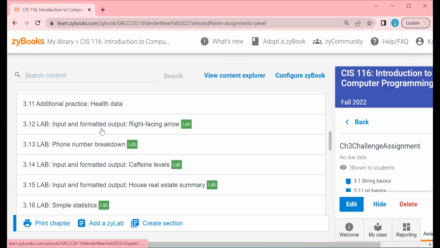Yeah, so we're gonna go through these kind of fast, but if anyone has other questions about these, just reach out to me. And when we Zoom next week, we could hit on them again, but I want to do 3.12, 14, 15, and 16, because those are all of the labs. Yeah, 3.14 is the only one I haven't done.